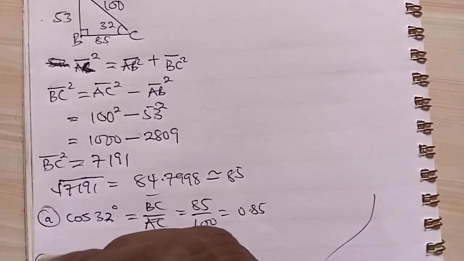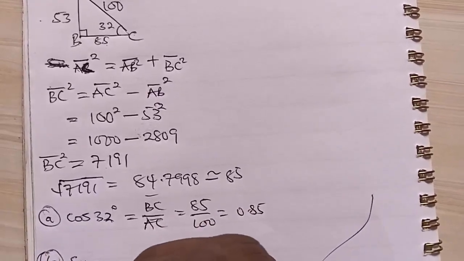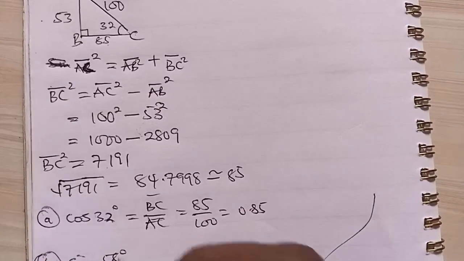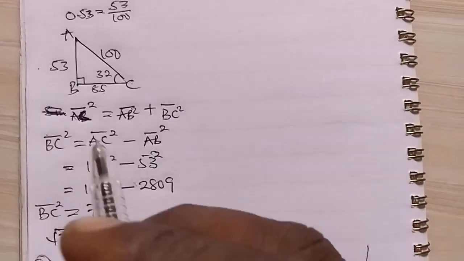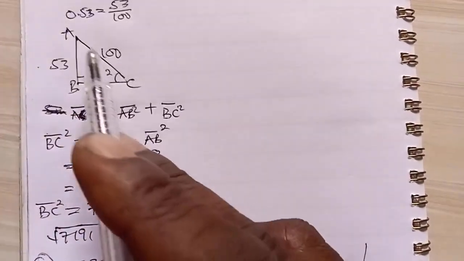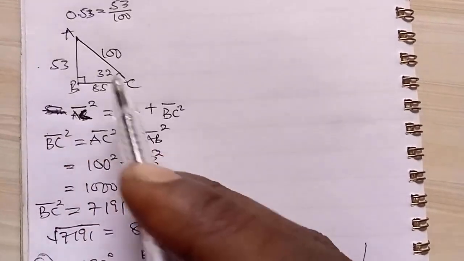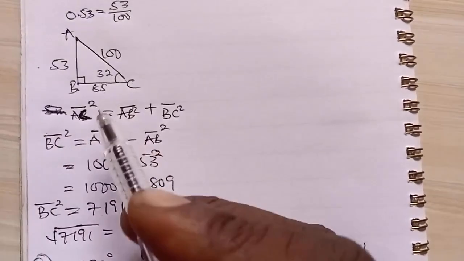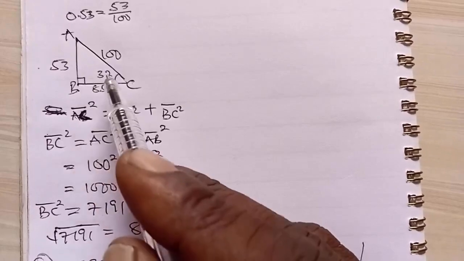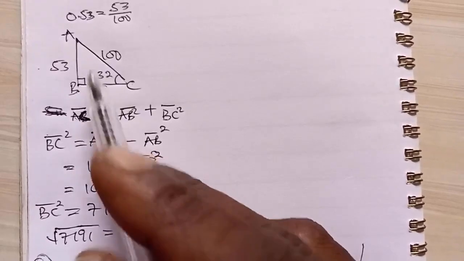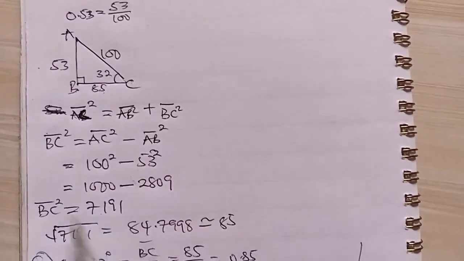For B, we should find sine 58 degrees. For us to find 58, the sum of angles in a triangle is 180, so 90 minus 32 gives us the remaining angle, being 58.